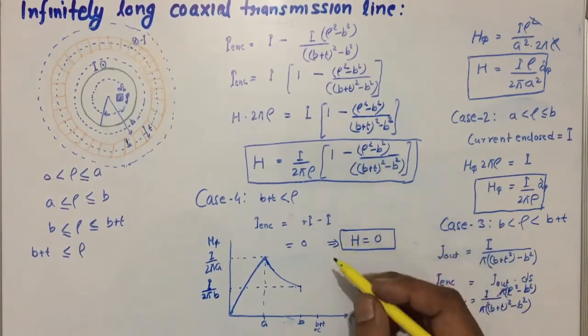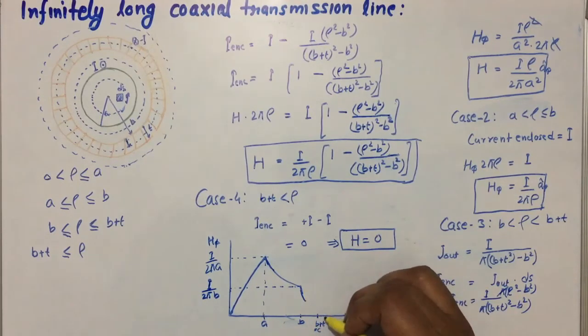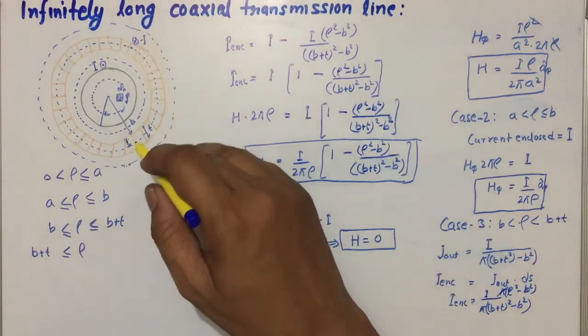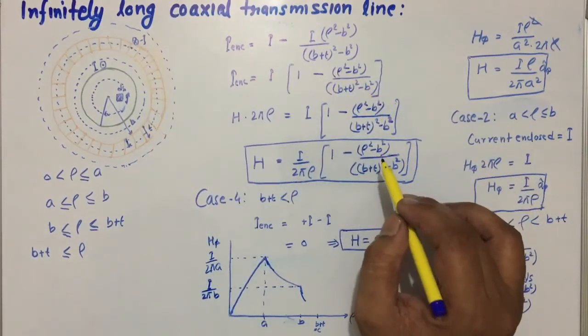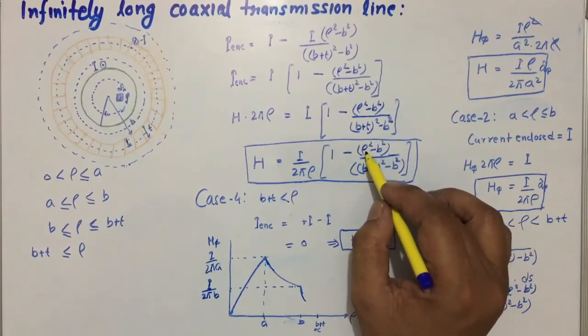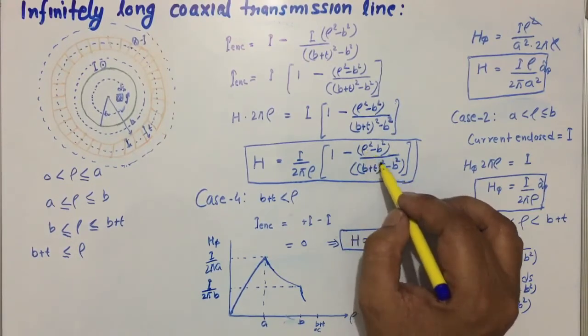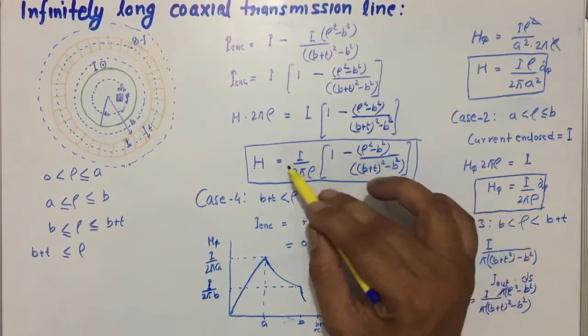It will follow a further inverse relationship, up to where rho can reach B plus T. If we put rho as B plus T, this and this will cancel out, it will be 1, and 1 minus 1 will be 0, so H will be 0.